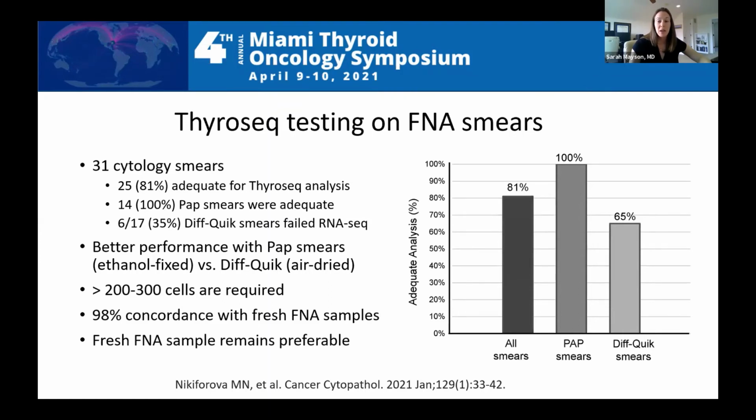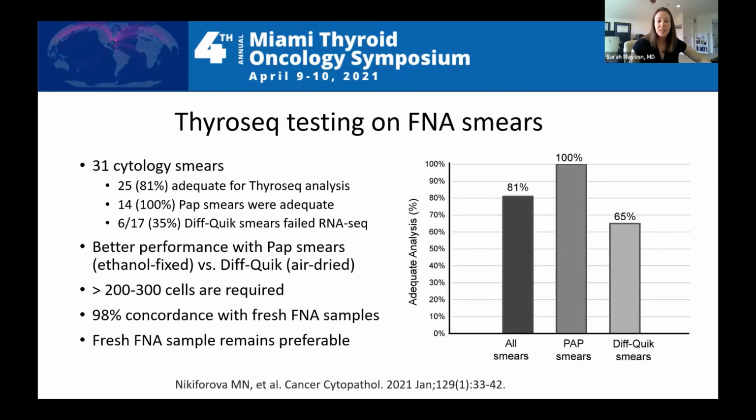And they found that there was better preservation of nucleic acid with the alcohol fixed smears than the air-dried smears, where 100% of the Pap smears were adequate for genomic analysis, while 25% of the Diff-Quik smears failed RNA sequencing. And overall, there was a 98% concordance between the smears that were tested and samples from fresh FNA.